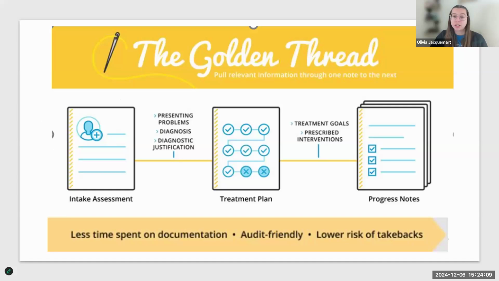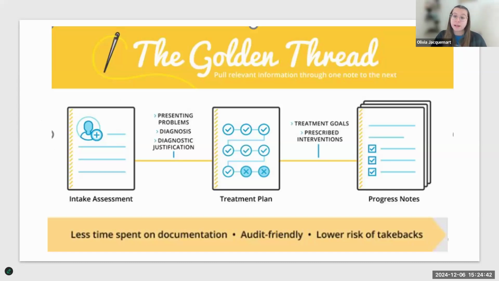And an easy way to make sure that we are showing medical necessity is the golden thread. The easiest way to explain the golden thread is that there is the tying of all relevant information throughout all documentation. So each element in the therapeutic process, from intake to discharge, must be clearly documented so that the connection between all aspects of the clinical workflow flows logically from one record to the other.